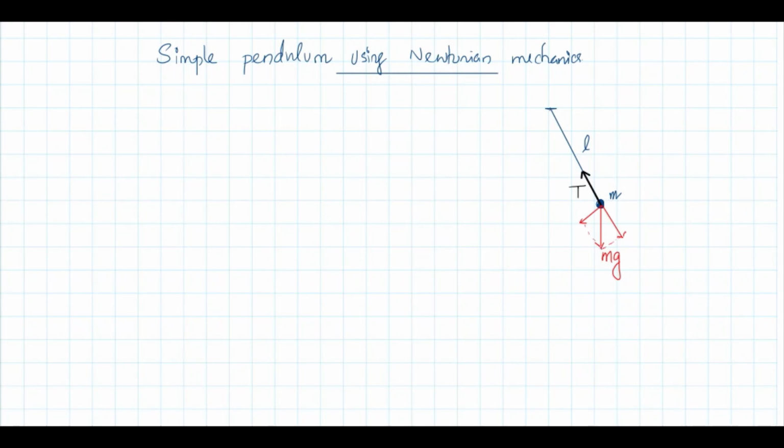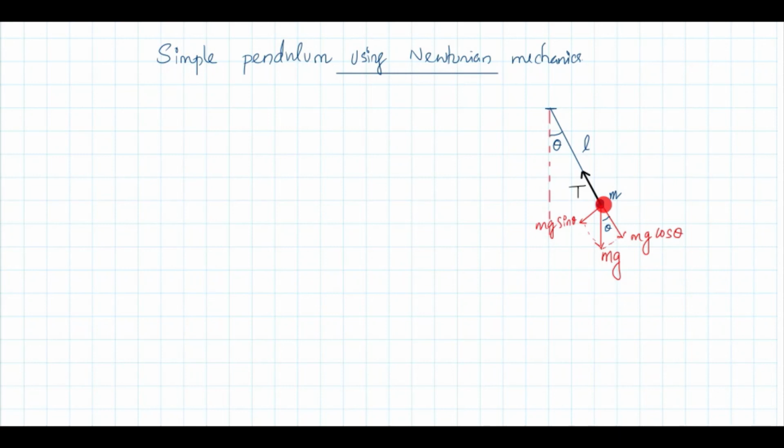Now, if the angle between the vertical and this length L is theta, then this angle will also be theta. So this component is mg cos theta, and this component is mg sin theta.